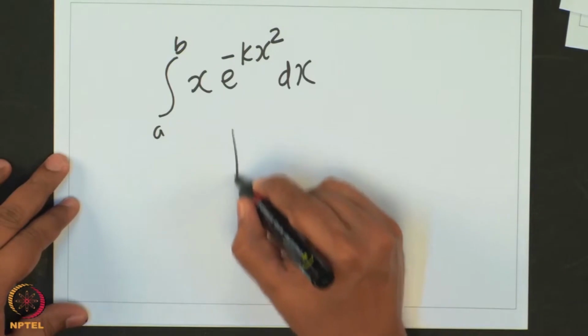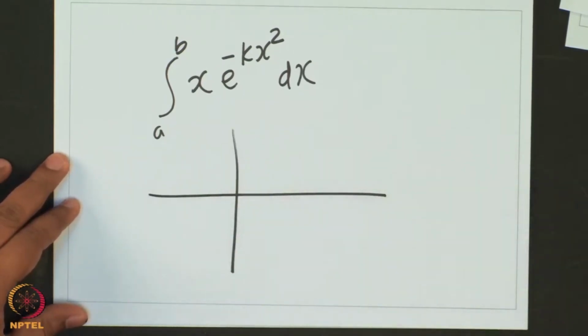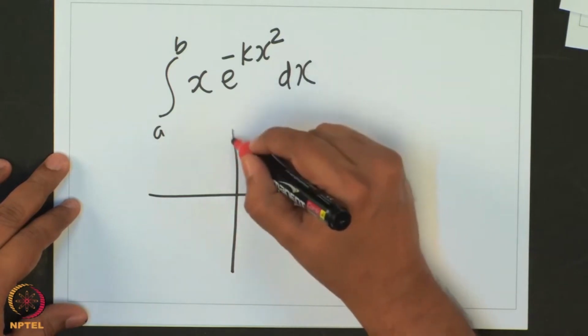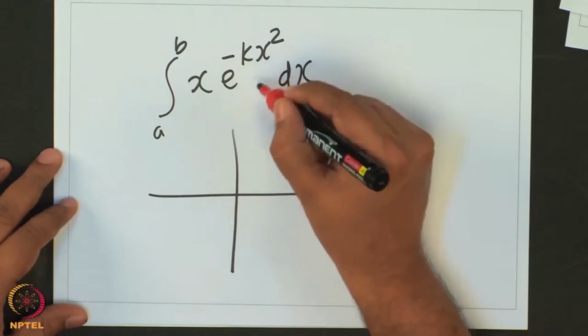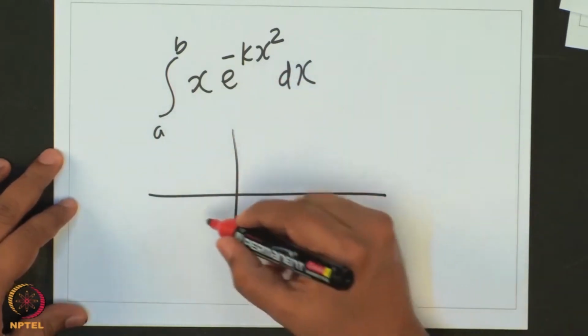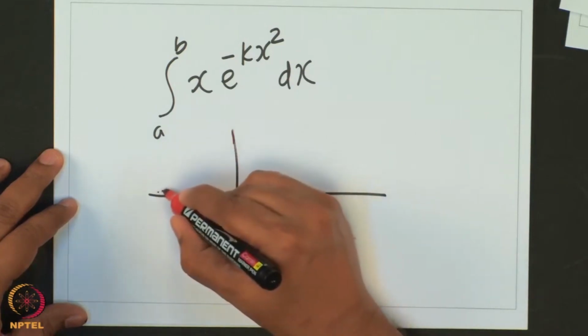So if you plot x e power minus kx square, e power minus kx square is a decreasing, symmetric function, like a normal distribution function.